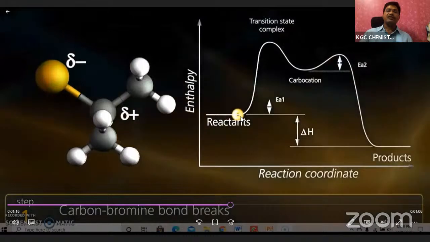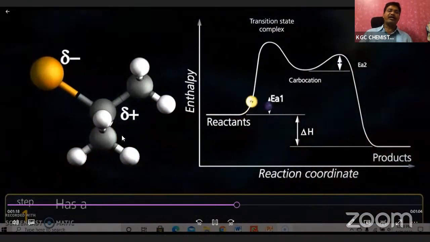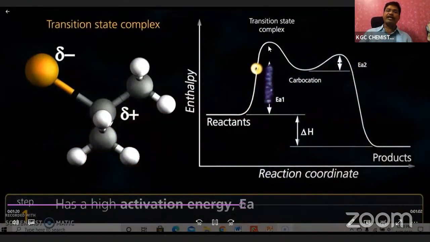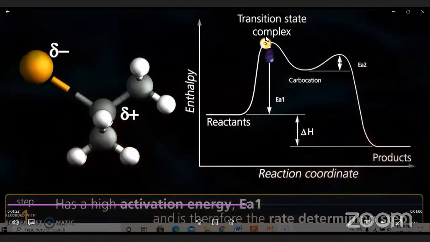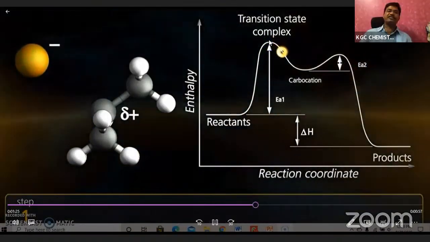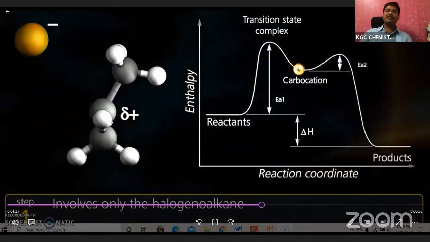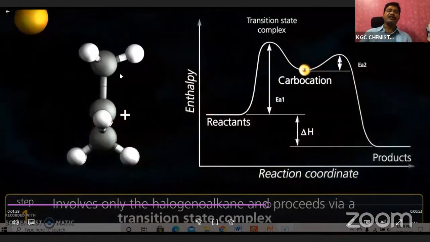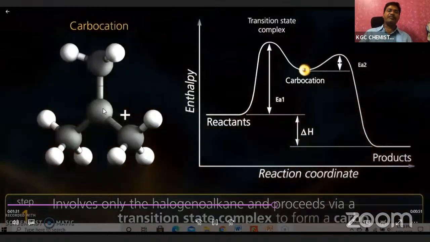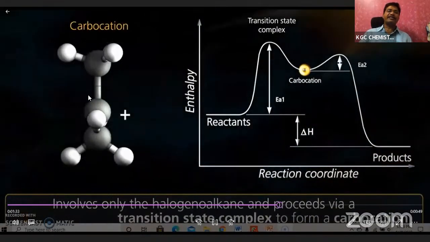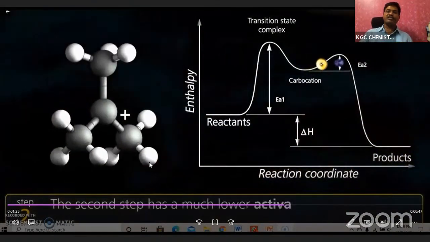Now see here the loss of the bromide ion and the formation of the carbocation. Here is a complex, the first transition state, and the bromide ion is lost and you will get a carbocation. It is trigonal planar in shape, sp2 hybridization.